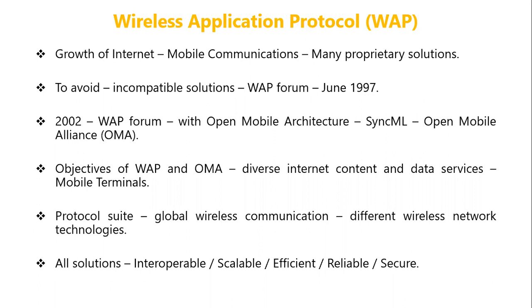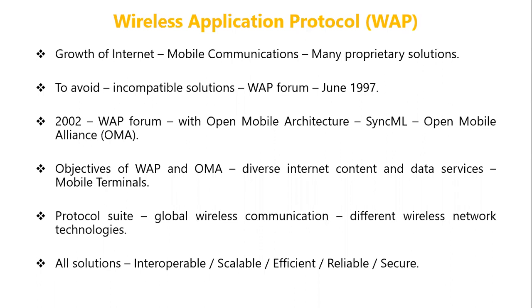Why is it ensuring all these things? Because to ensure that the devices are compatible. Interoperable means allowing terminals and software from different vendors to communicate with each other. So the software and hardware made by different vendors will be able to communicate with each other.